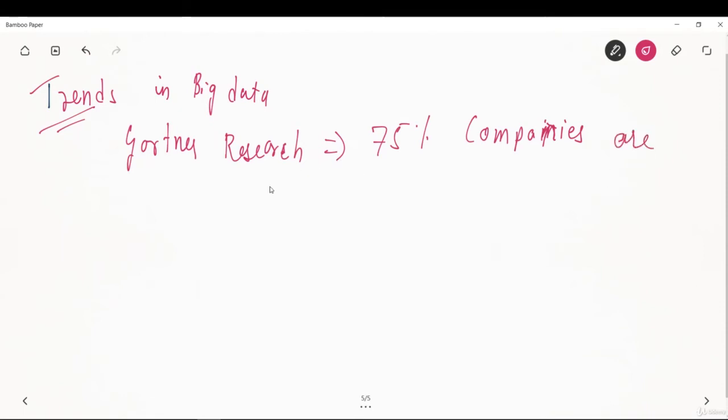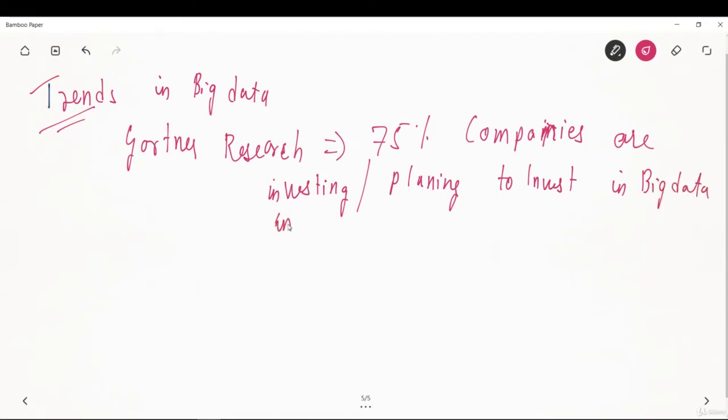Gartner is a research firm, and as per their research, 75% of the companies are either currently investing in big data or will be investing in big data in the period of the next 2 years.